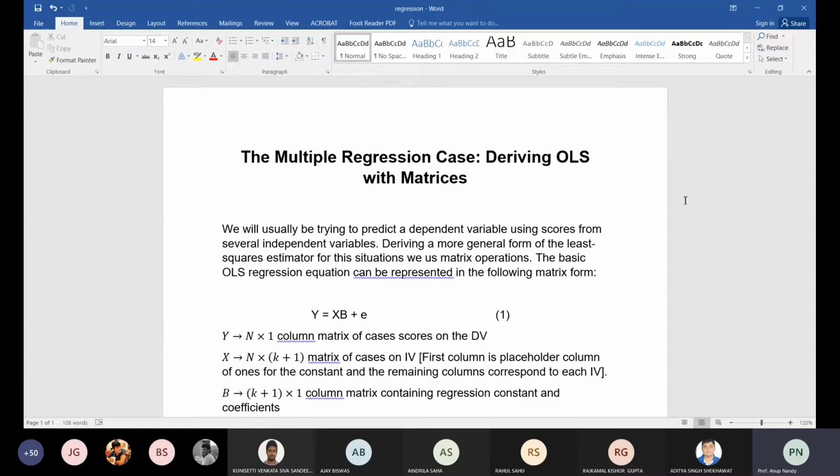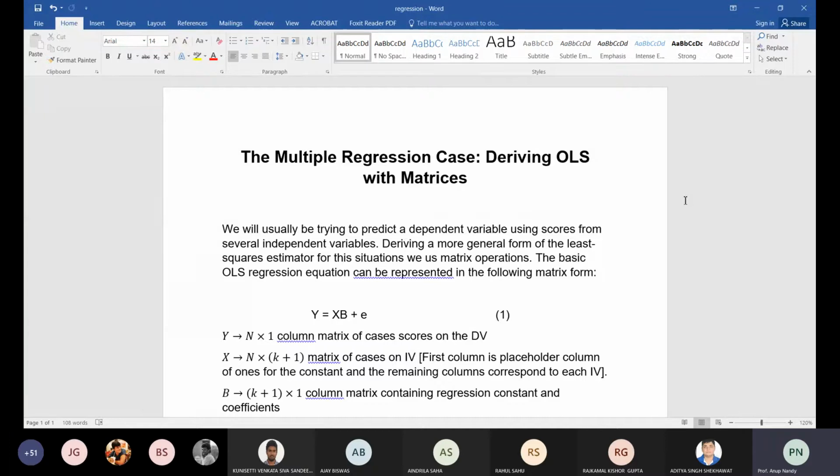When you have more than one variable, you go for matrix operations. If you recall our previous lecture, the basic least square regression equation can be represented in the following matrix form.